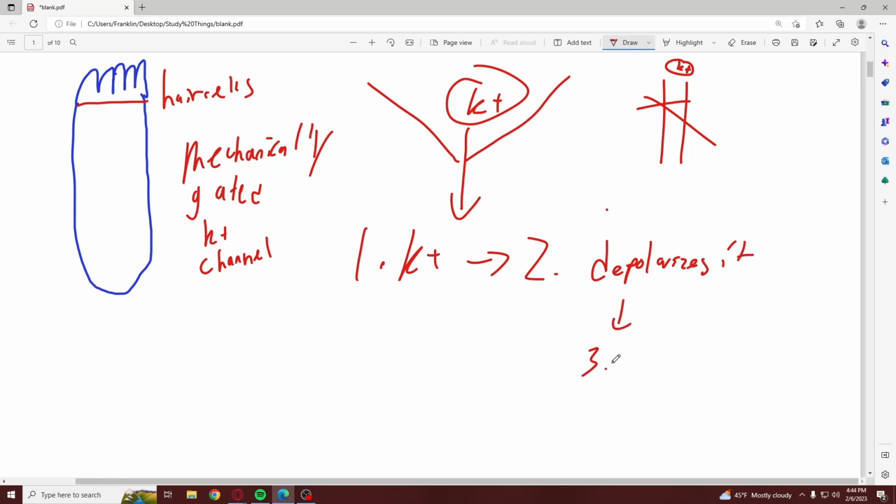And step 3, this will then open a voltage gated calcium channel, which will allow calcium to come in and will promote the release of glutamate.